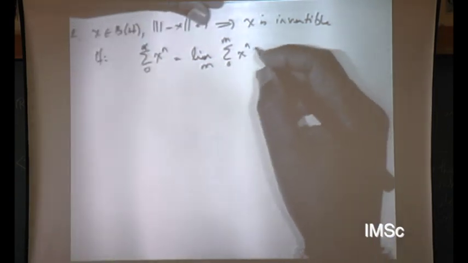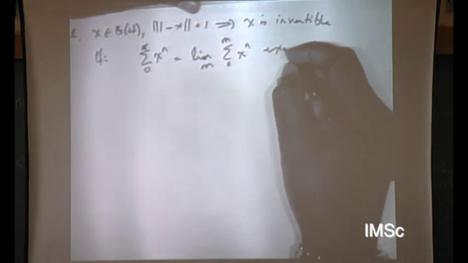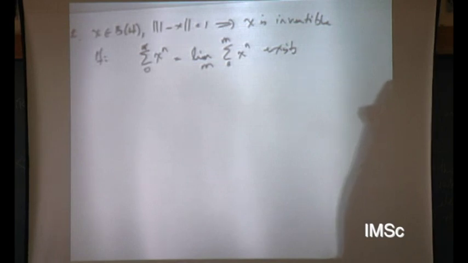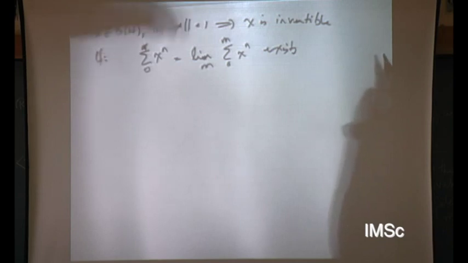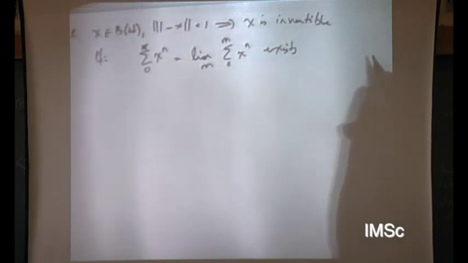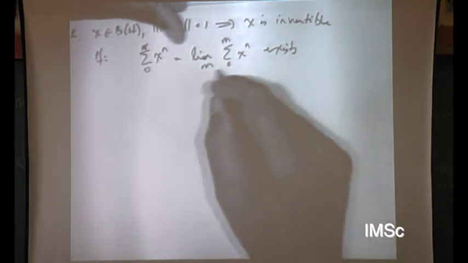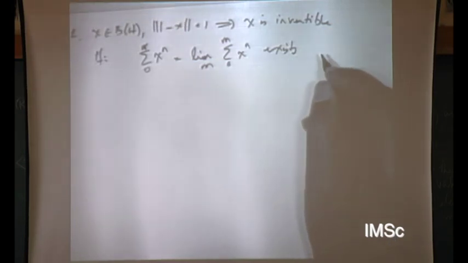This limit exists because if you have a series in a Banach algebra, any absolutely convergent series converges. So if a series is norm-convergent, then it's automatically convergent. And because norm x is less than 1, the series is convergent, so this is going to be a convergent series.